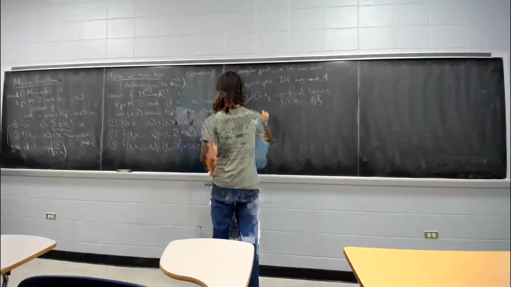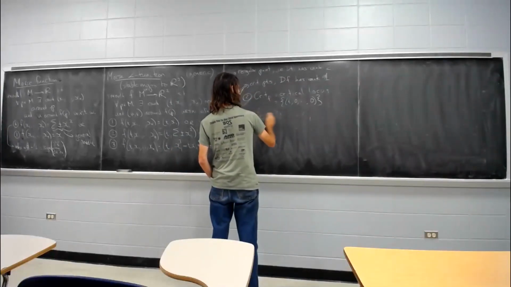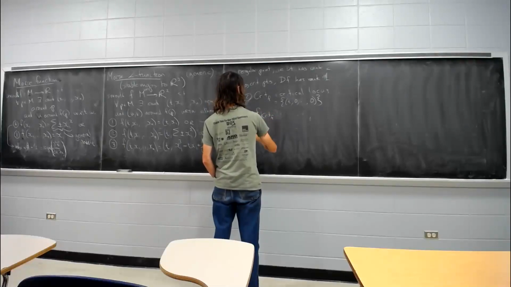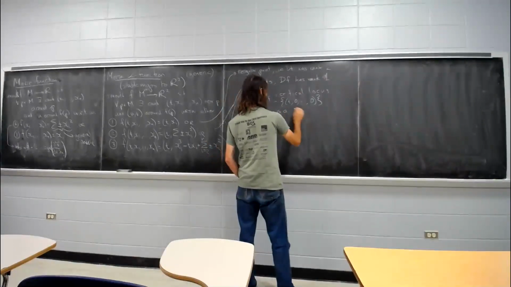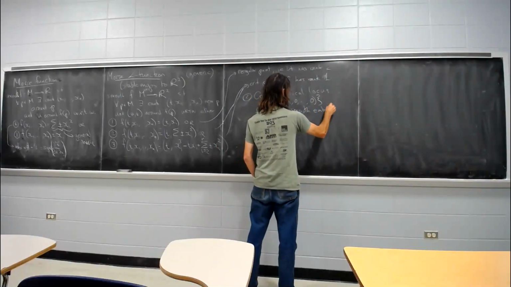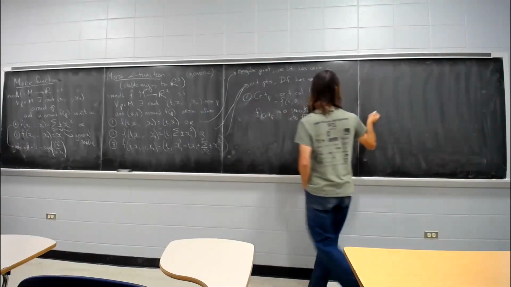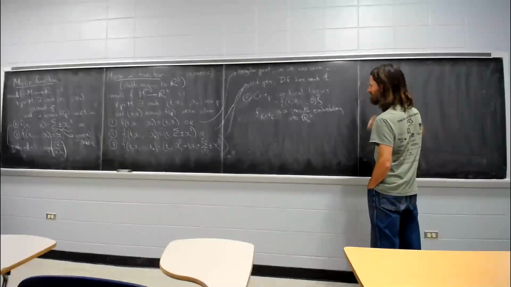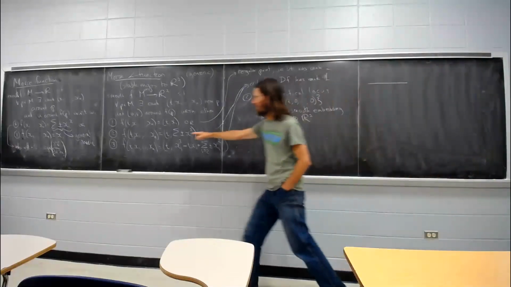So it's embedded, this f restricted to crit f is a smooth embedding. I mean, it just literally looks like the image. The image just looks like one.